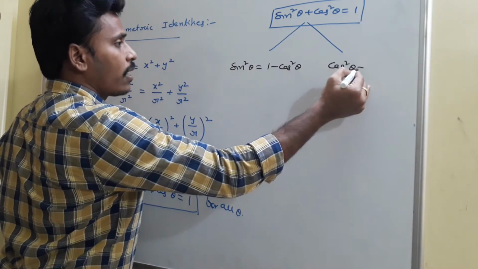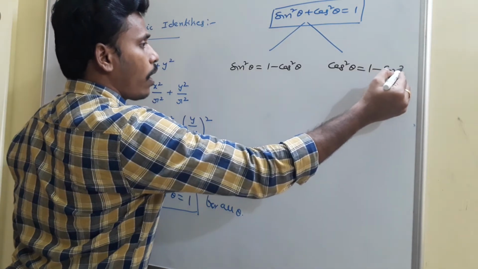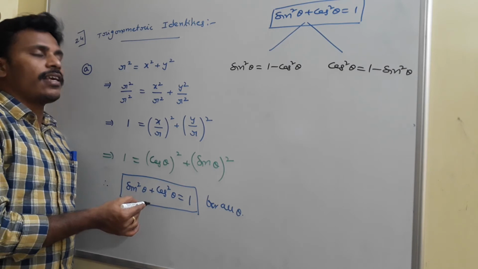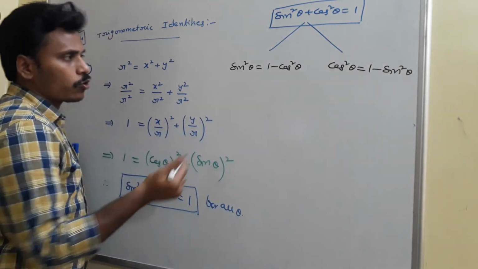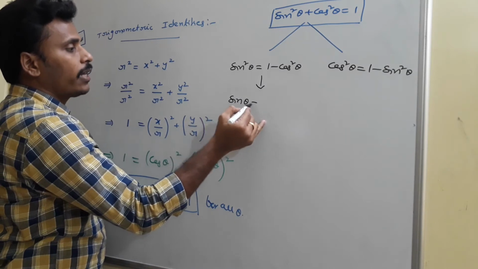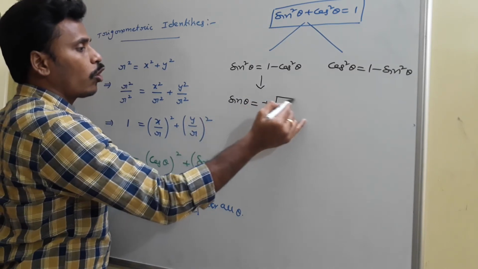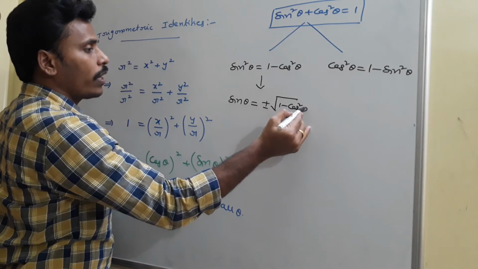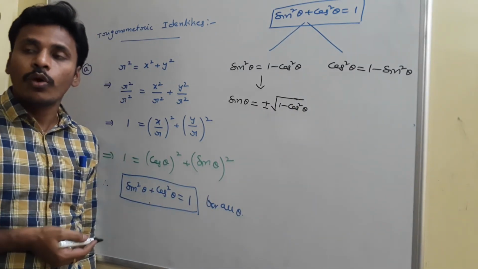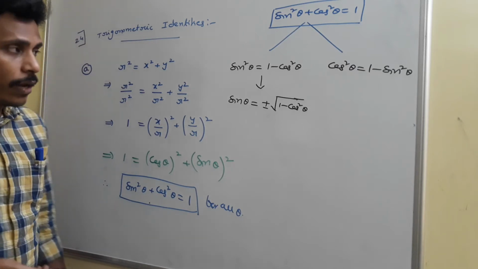On the other hand, cos² theta is equal to 1 minus sin² theta. This identity is the same as these two representations also. From this, sin theta is equal to plus or minus root of 1 minus cos² theta. In a similar fashion, cos theta is equal to plus or minus root of 1 minus sin² theta.